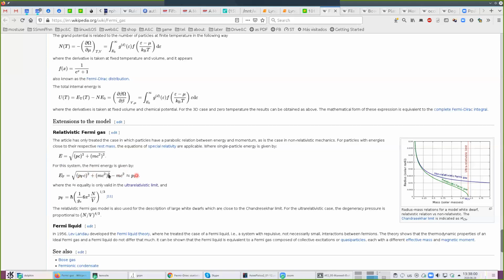And you see in the approximation when the energy is quite higher than this value, the relativistic particle energy is P multiplied by C. It changed. Before, the energy was connected to P and V, so it's like quadratic with the velocity.